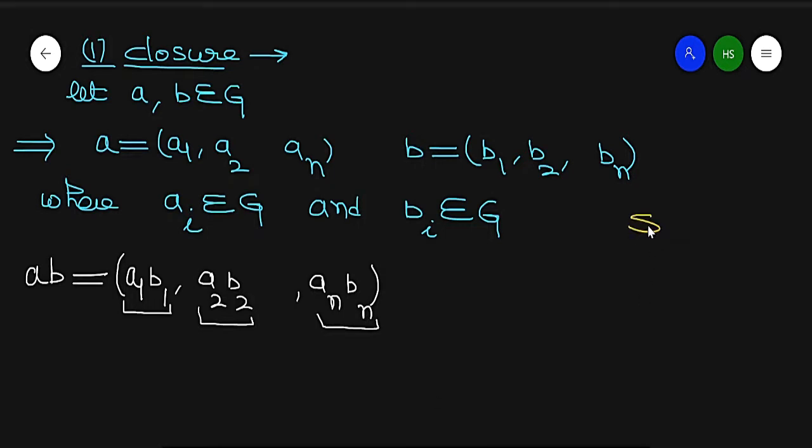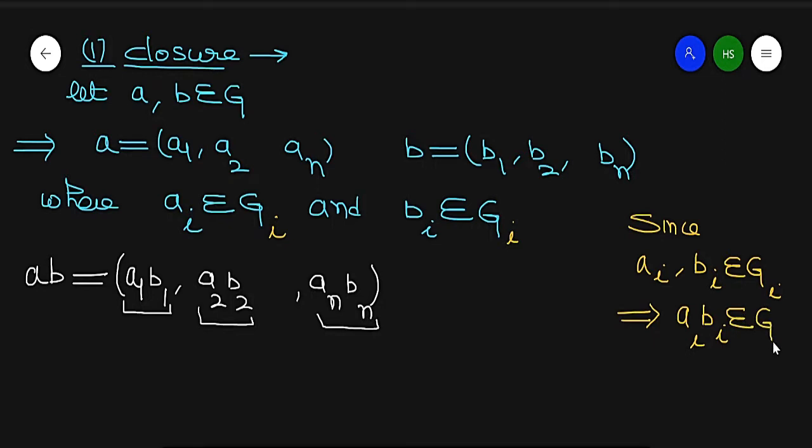Now we know that each ai and bi belongs to Gi. What is Gi? Gi is a group, and a group is closed under binary composition. So aibi belongs to Gi.